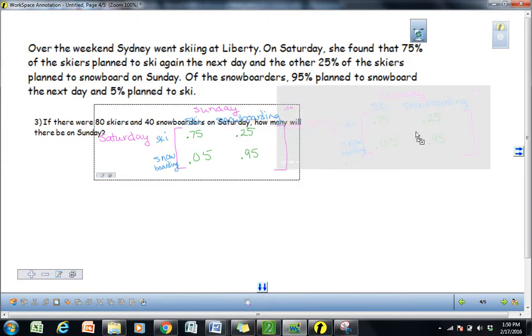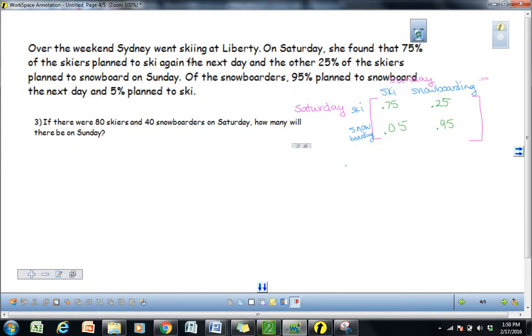If there were 80 skiers and 40 snowboarders on Saturday, how many will there be on Sunday? So this is where we're starting on Saturday and we're looking for Sunday. So we're going to go right down these columns here because we are looking at Sunday.